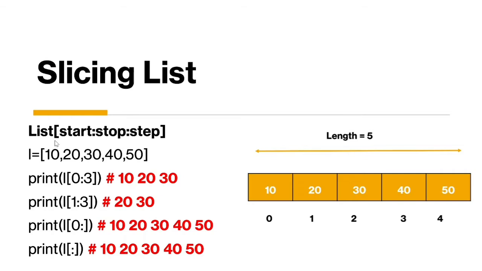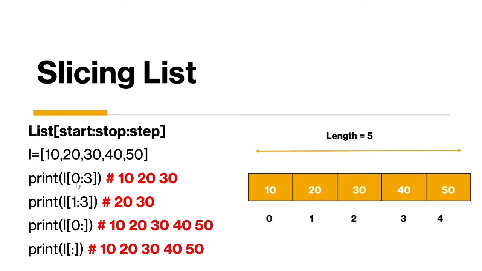In slicing, the index value can contain 3 values separated by colon. The first is the start value, that is from where we want to take our element. The second is the stop value, that is up till where we want to take our elements. And next is the step value, which acts as the increment or the decrement value. It works similar to the range function.